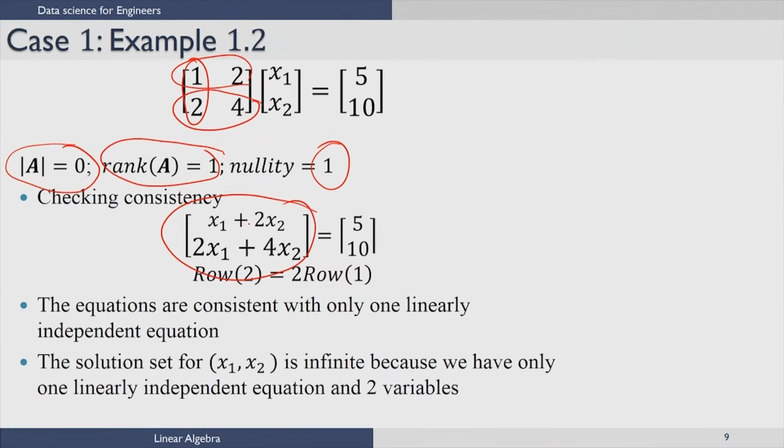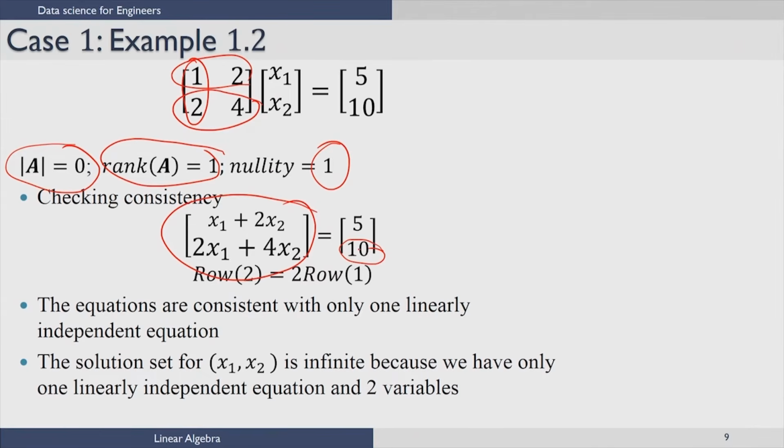So, if we take a look at this example, we know the left hand side, if I take the first equation and multiply it by 2, I get the second equation on the left hand side. So, x1 plus 2x2 multiplied by 2 gives me 2x1 plus 4x2. Now, if the same linear dependence is maintained on the right hand side, that is, if I take the first number 5 and multiply it by 2, I should get this number.